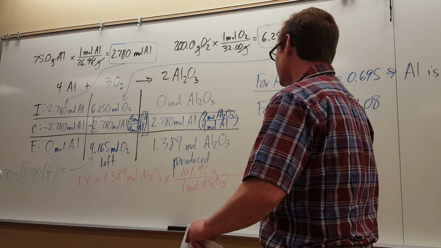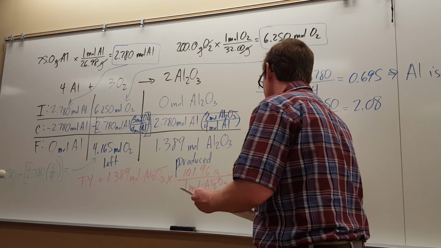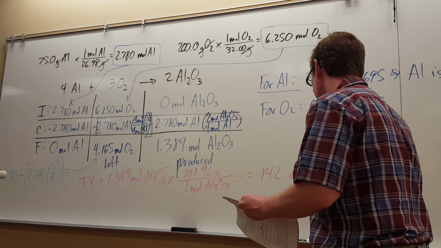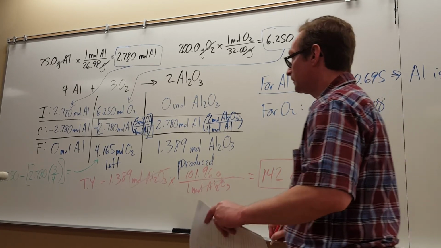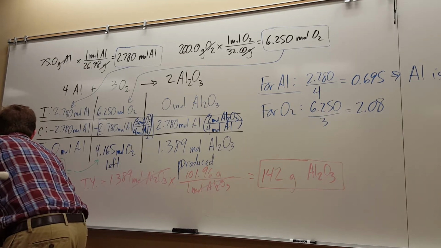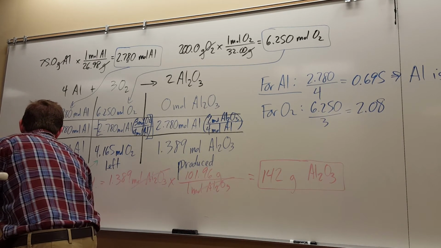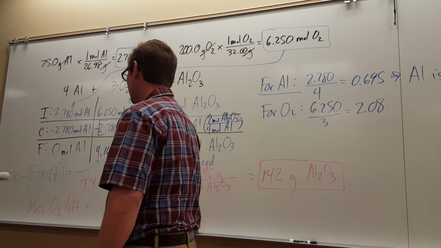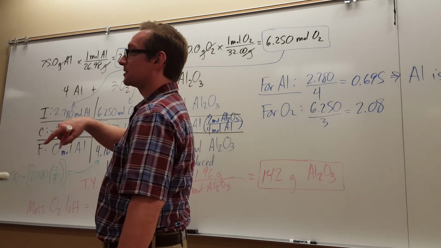Anyway. Okay, so that comes out to be 142, just like we got before. Okay, mass of O2 left, really easy too. How do we do that? So if you look at that, it looks complicated.